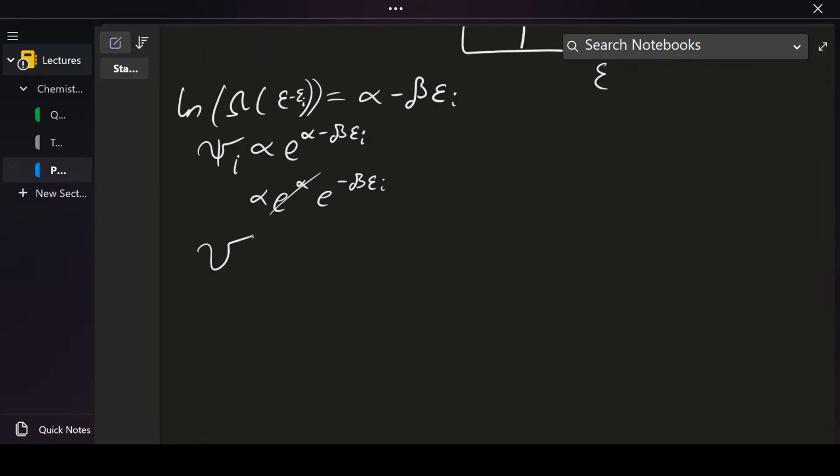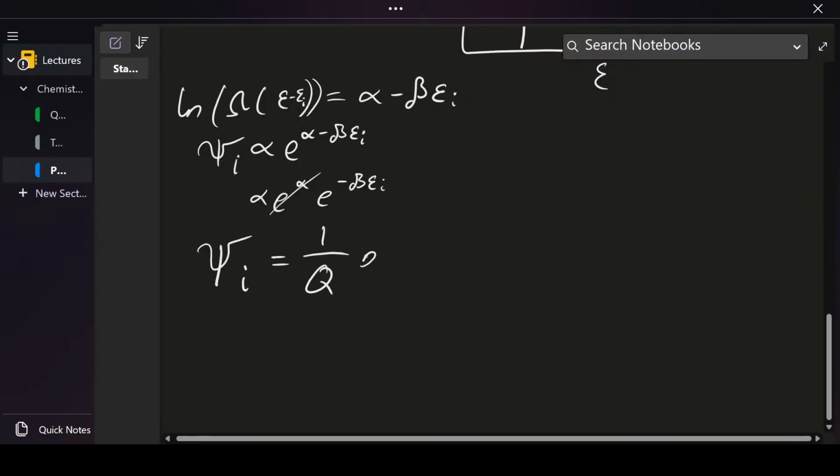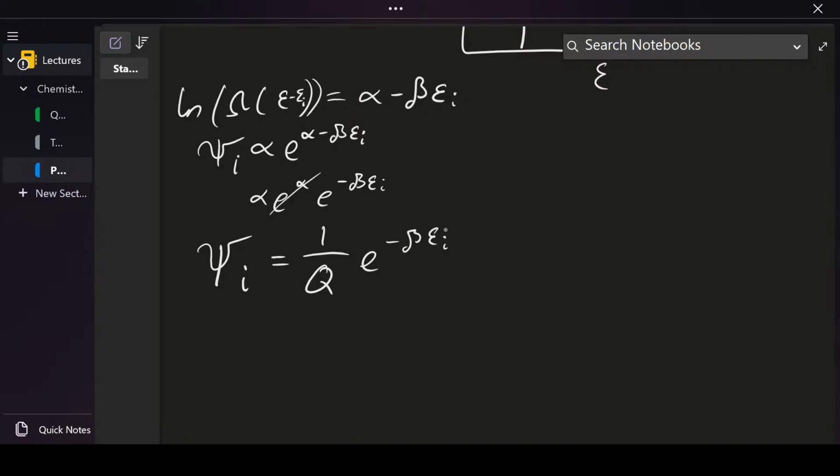And so in the end, we get the probability distribution for psi I equal to 1 over q times e to the negative beta epsilon I. Here 1 over q is a normalization constant to ensure that the total probability is equal to 1, and so q is going to take the form of the sum of all of the e to the negative beta epsilon I's that I could have.